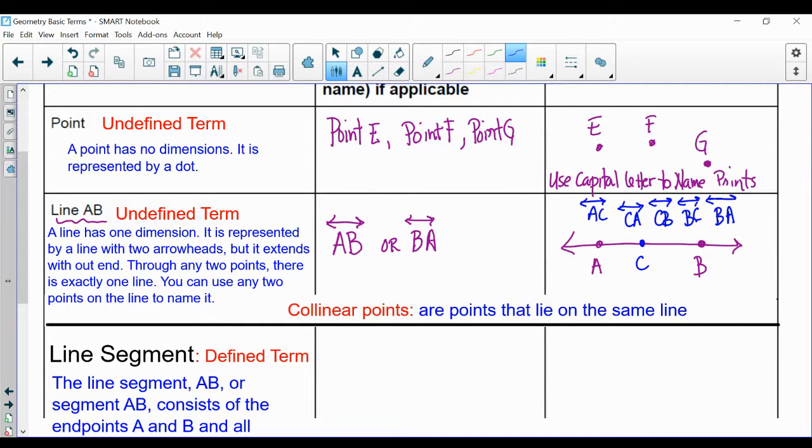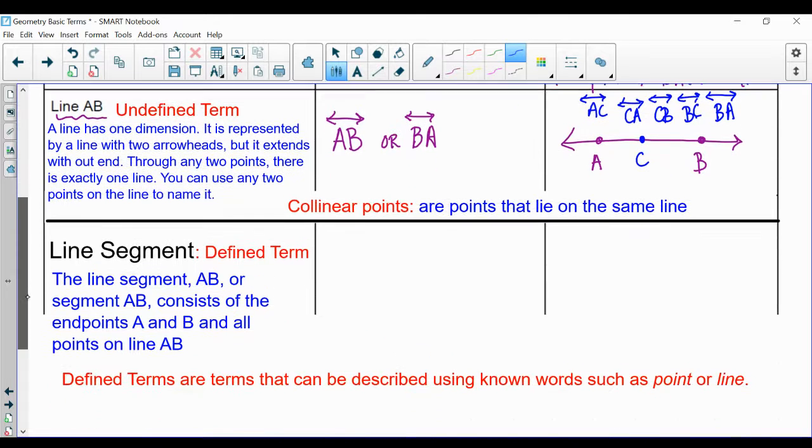So I can name this line in several different ways when it has three points. Actually, can I name it more? Or do I have them all? You only need two points to name the line, not three. Just because there are three on there, you don't use three. You only use two, and it has to have those arrowheads.